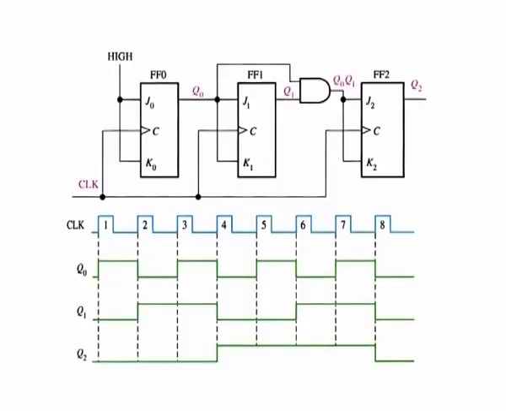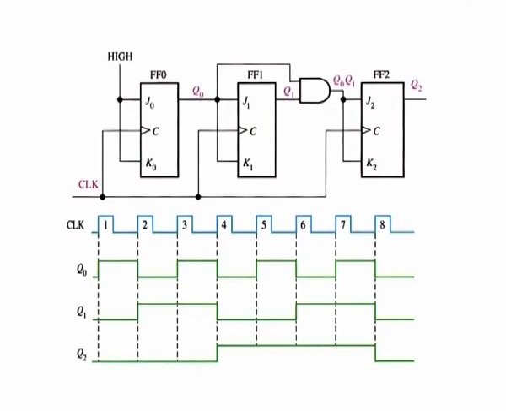To produce this operation, flip flop 0 must be held in the toggle mode by constant highs on its J0 and K0 inputs. Notice that Q1 goes to the opposite state following each time Q0 is a 1.